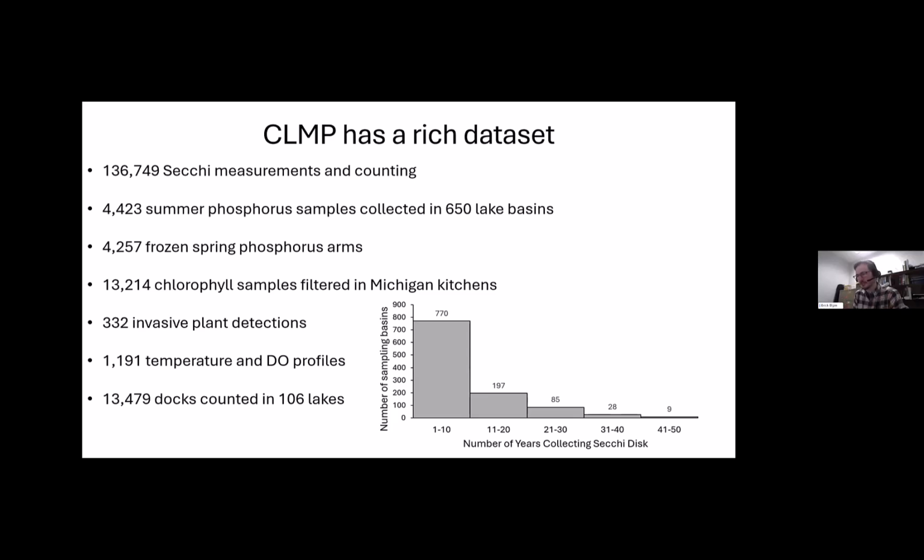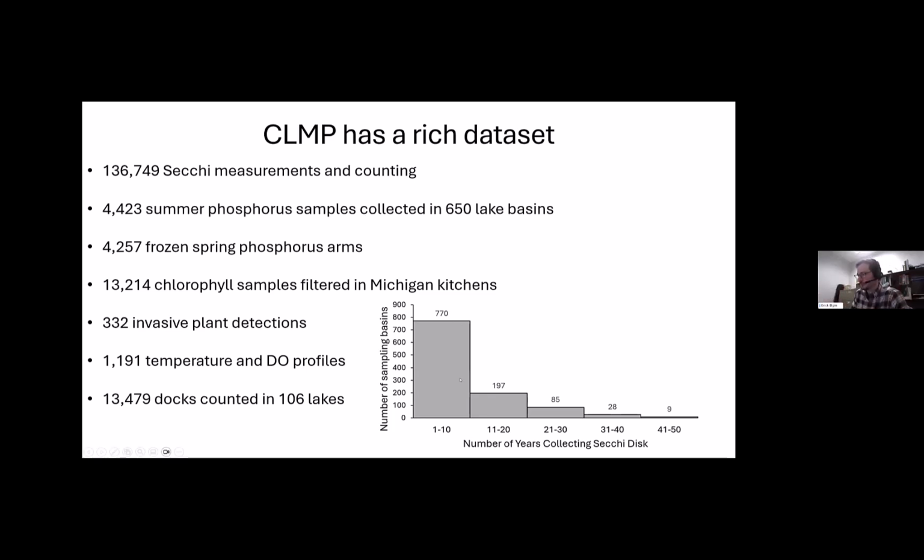to so many people. On this histogram chart on the bottom right, we're seeing the number of lakes that have been sampling for a chunk of years. Most of the lakes that have ever been in the program have collected between 1 and 10 years of data.